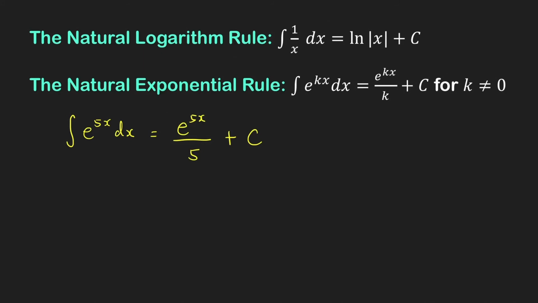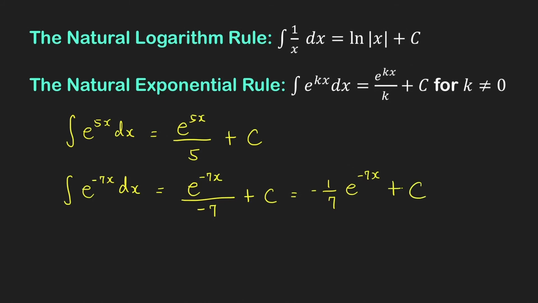Another example, if we have here the integral of e raised to negative 7x dx, then this is just equal to, again, copy the integrand, which is e raised to negative 7x, and divide it by the value of k, which is equal to negative 7, and then plus c. Of course, we can write this down as negative 1 over 7 e raised to negative 7x plus c.